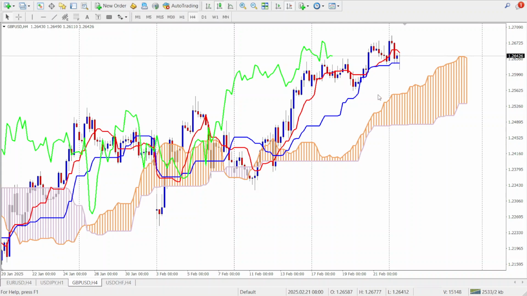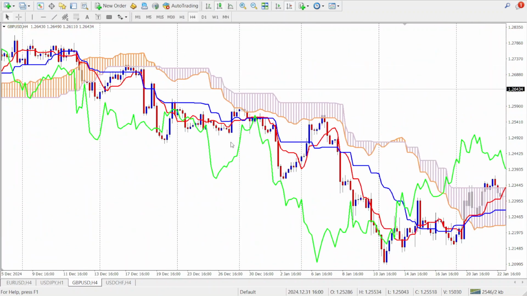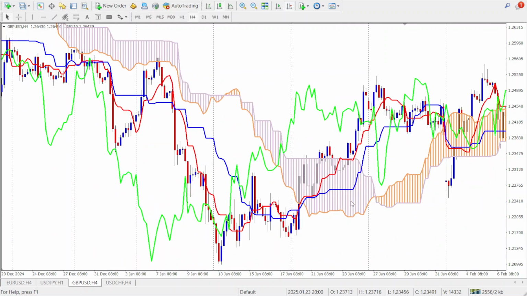If the price is above the cloud, the market is in an uptrend, like what we can see happening here. If the price is below the cloud, the market is in a downtrend, like what we can see happening here. And if the price is inside the cloud, the market is considered to be in a neutral or sideways trend.